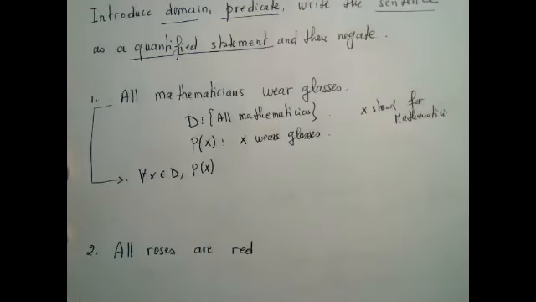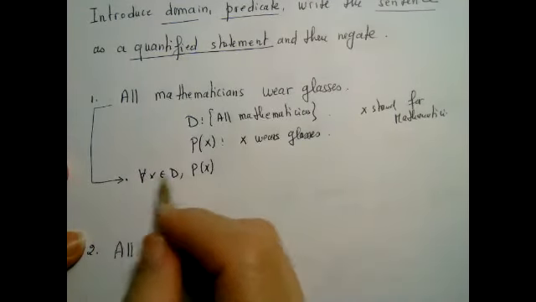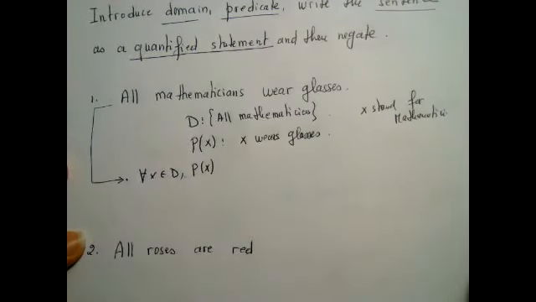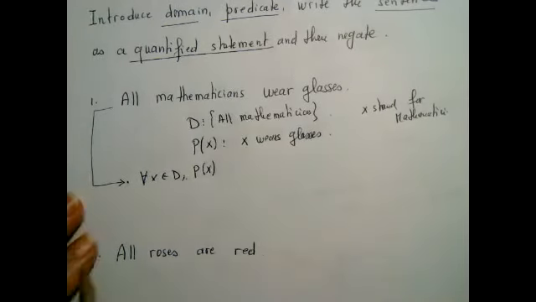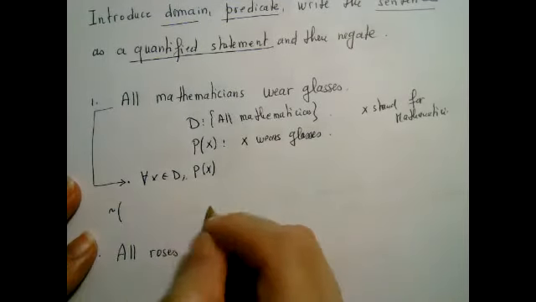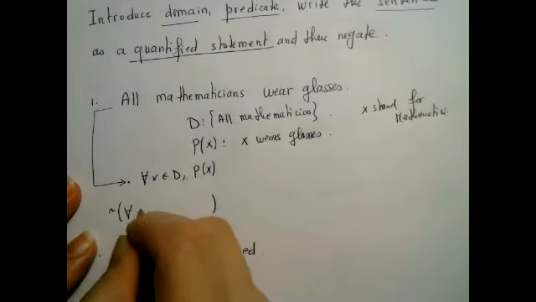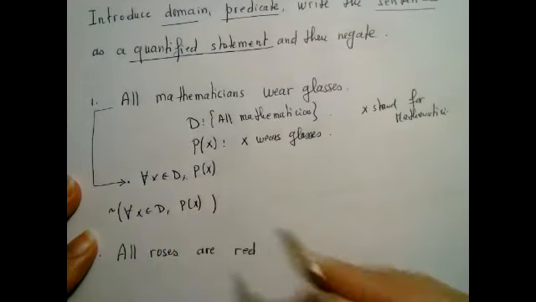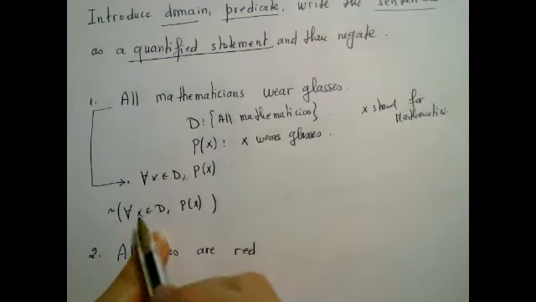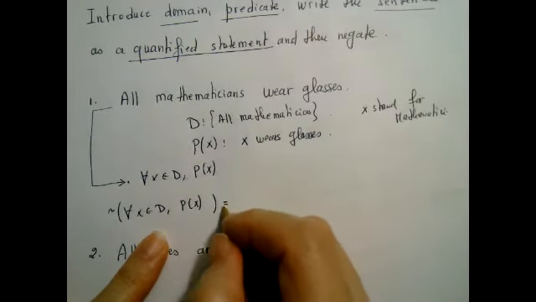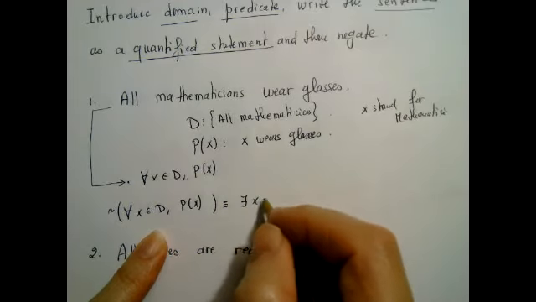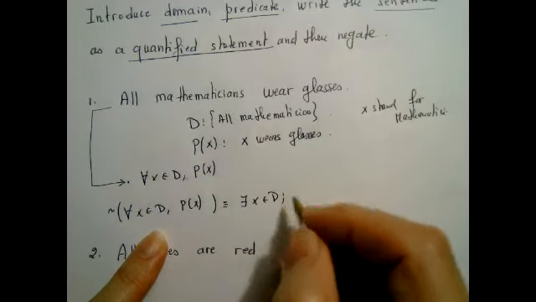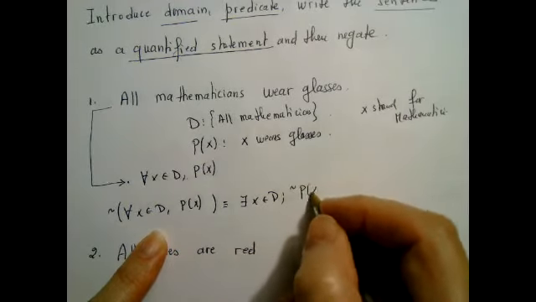Okay, and now I want the negation as a quantified statement and then the negation in English. So let us negate it. The negation is easy because I know exactly what I'm talking about. The negation would become there exists x in D such that not P of x.